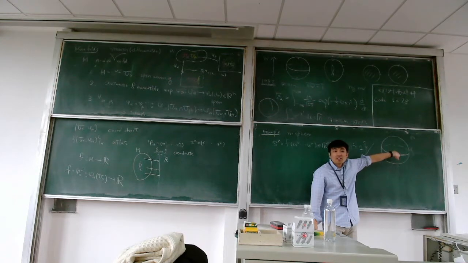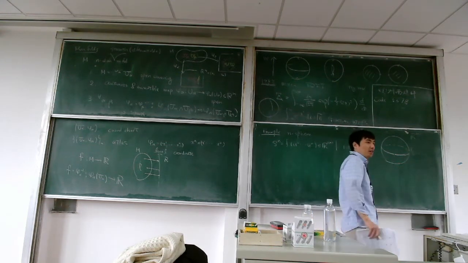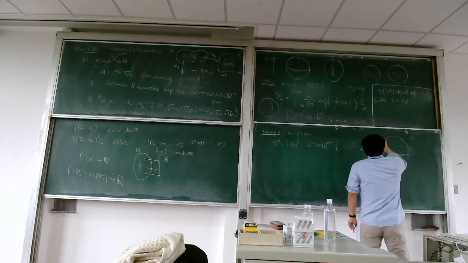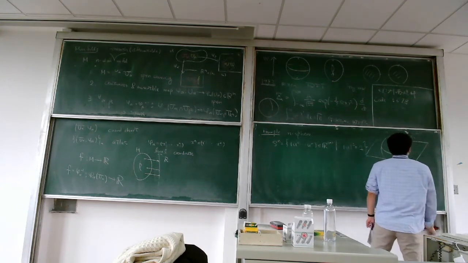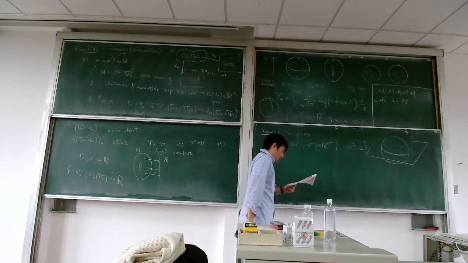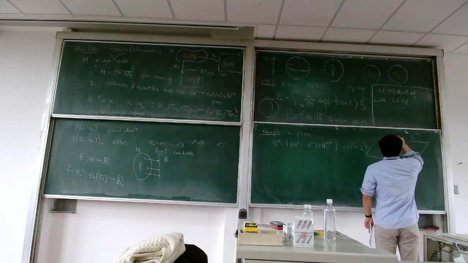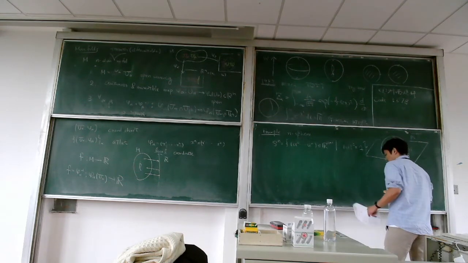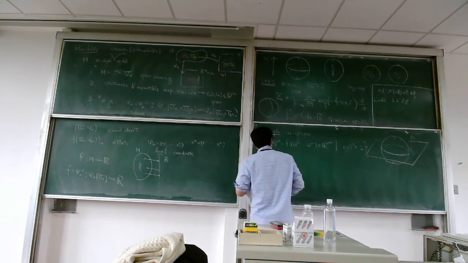Just speak out. Yes, an (n-1)-dimensional sphere, okay? An (n-1)-sphere. So look at the south pole and north pole.